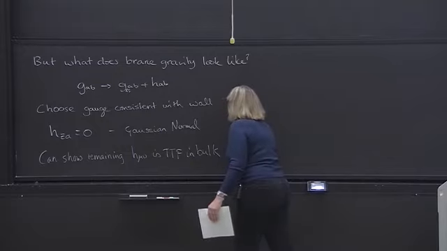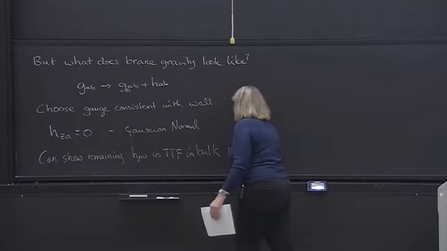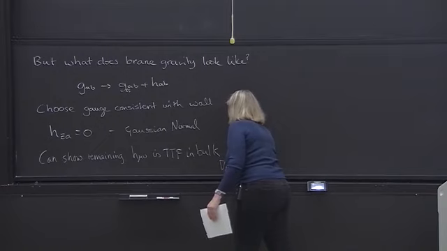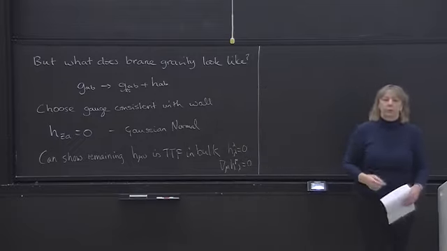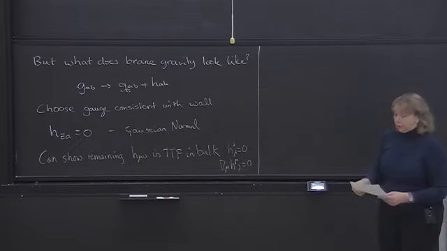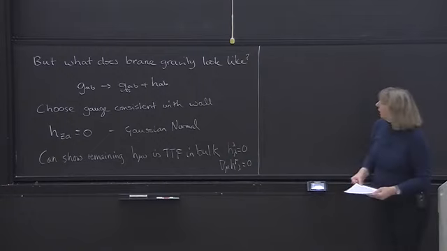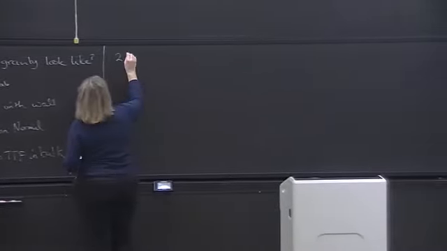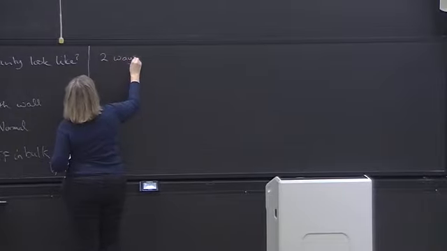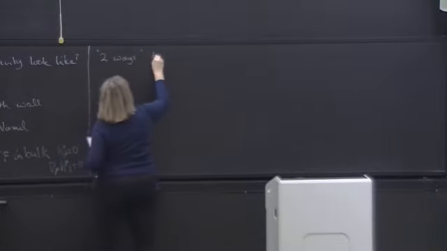So remember, that means that h^λ_λ is 0, and the divergence ∇^μ h_μλ is also 0. You have to do a bit of work, but you can show that that is consistent away from the wall. But what that means is that we can think of two ways to perturb the system.